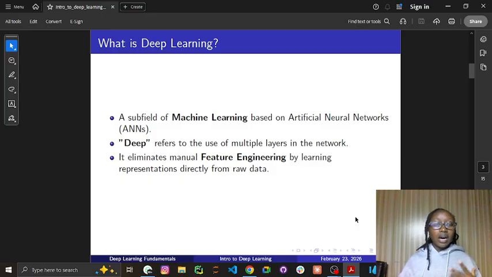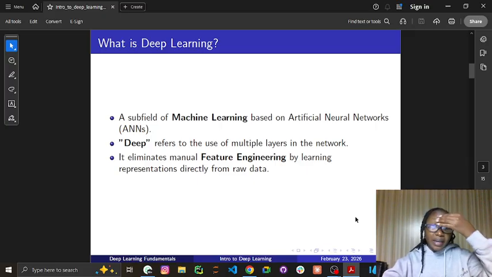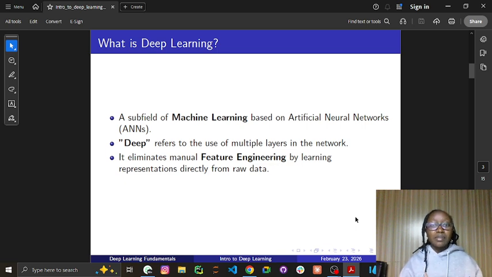For 60 years, we followed the logic-based approach where we told a computer, if X happens, do Y. This works for calculators, but it fails for a human. How do we write an if-then statement for the smell of roses or the feeling of a sunset? You really can't. So deep learning has changed this paradigm, and it is just a subset of machine learning.